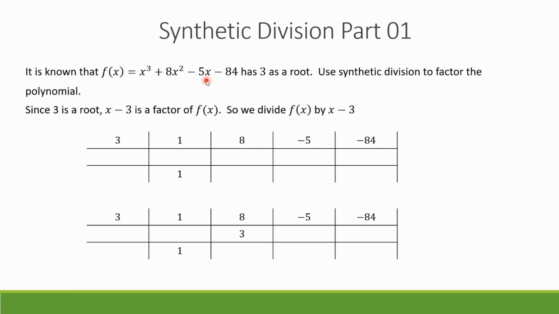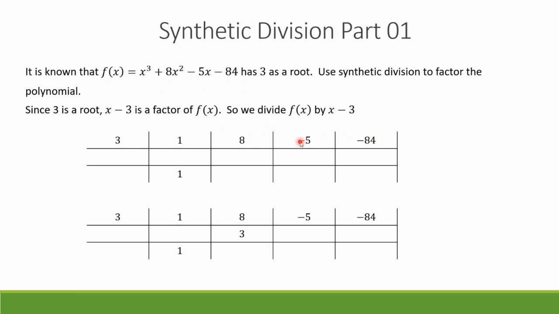So if the x term was not here and we had 8x squared minus 84, we would put 0 where minus 5 is.